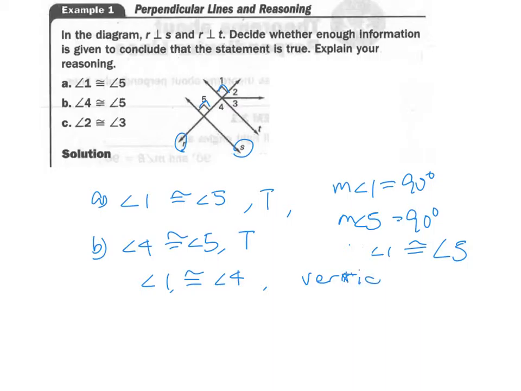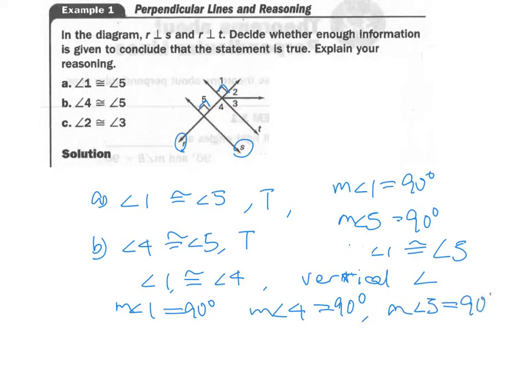Vertical angles, not vertical triangles. And therefore, because angle 1's measure is 90 degrees, the measure of angle 4 is also 90 degrees. Now, because the measure of angle 5 is 90 degrees, we can conclude that they are of the same measure, therefore angle 4 and 5 are congruent, right?